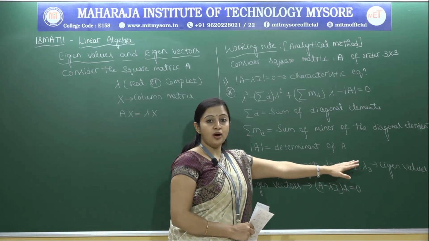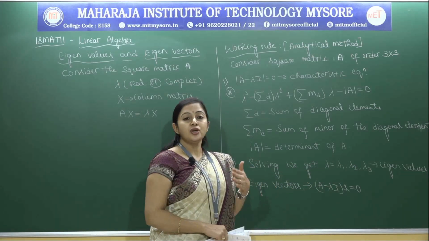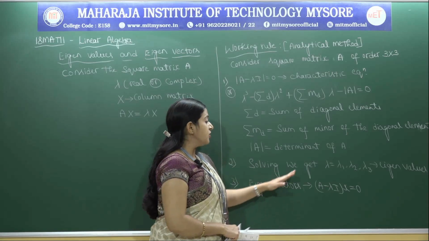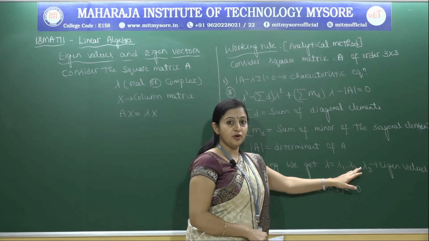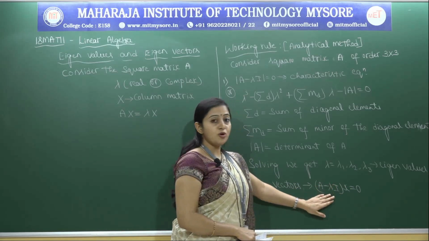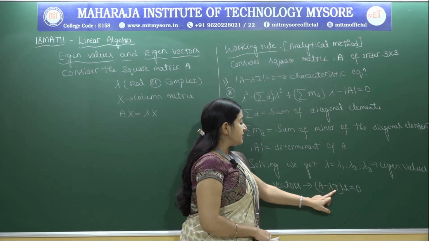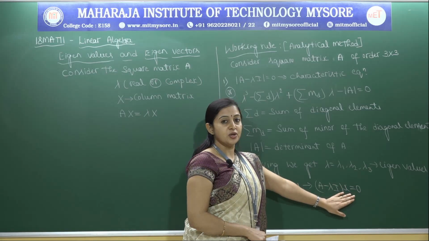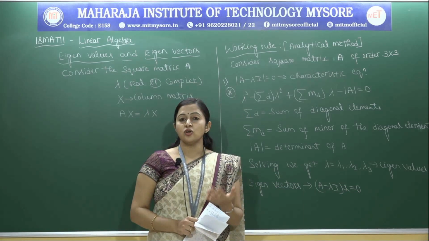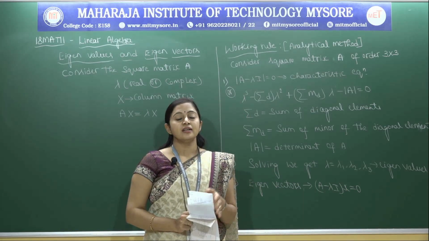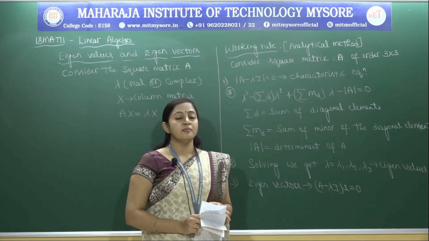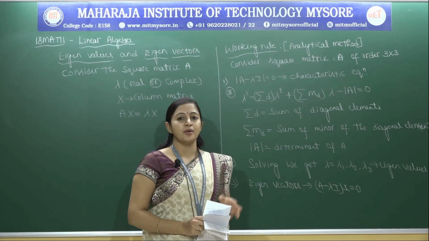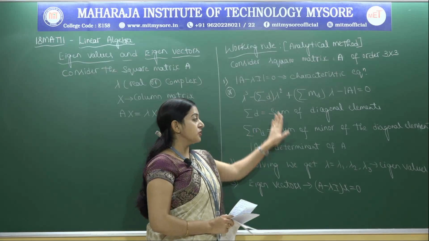Then you have to find the eigenvectors to the corresponding eigenvalues using this system of linear equations A minus lambda I of x equals 0. By applying the cross multiplication, you can find the eigenvectors to the corresponding square matrix A. So these are the procedure.